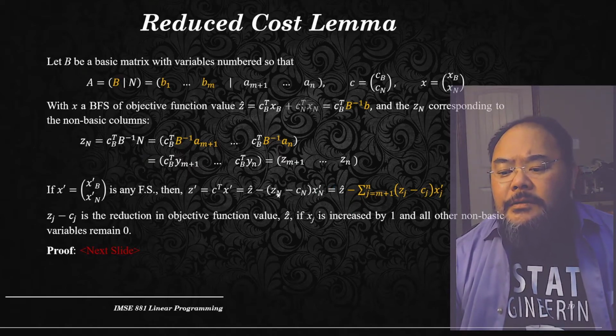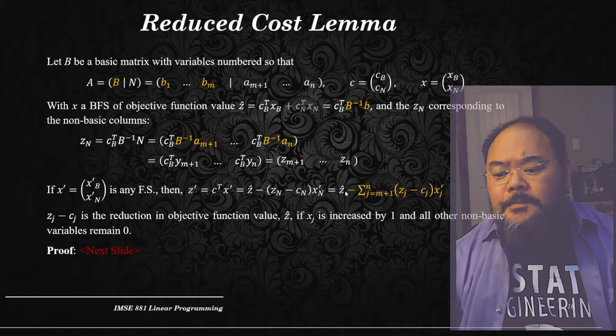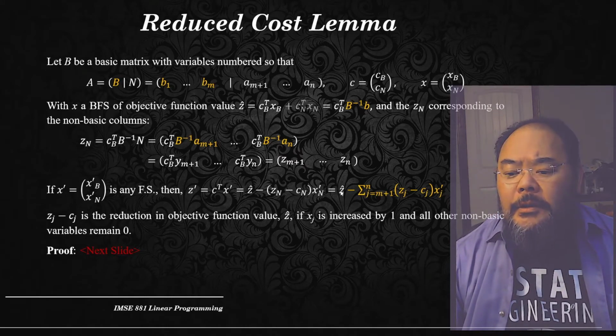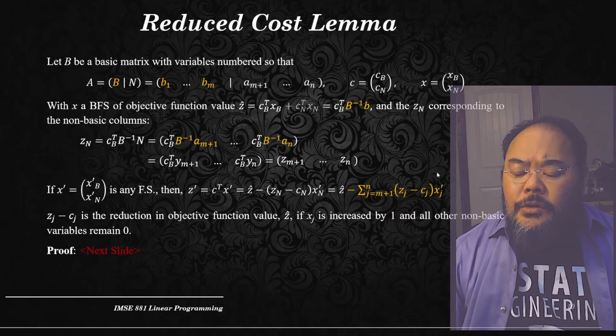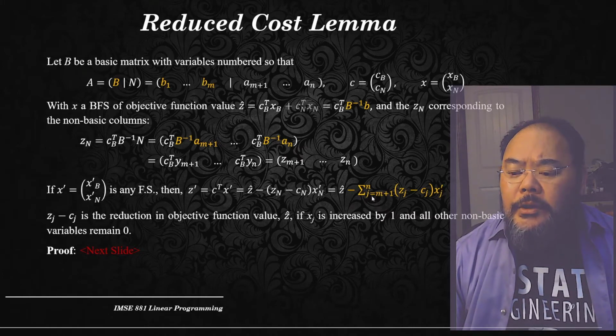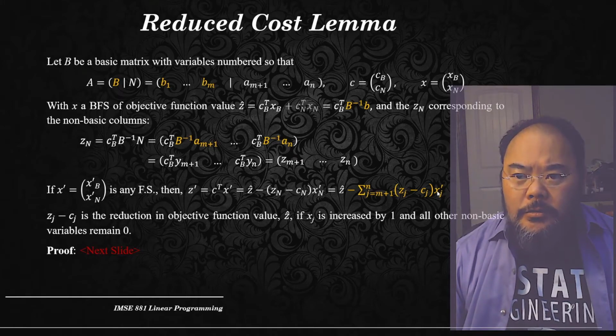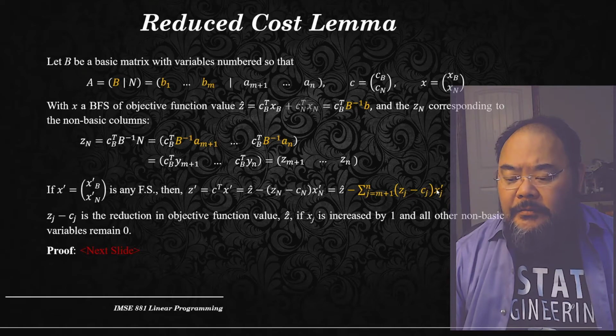So therefore you can see that we can formulate it into an explicit format: z has the original objective function minus this portion. Since we are dealing with a minimization problem, we need to find if zj minus cj is positive, knowing xj prime later on will be 0 or a positive value.